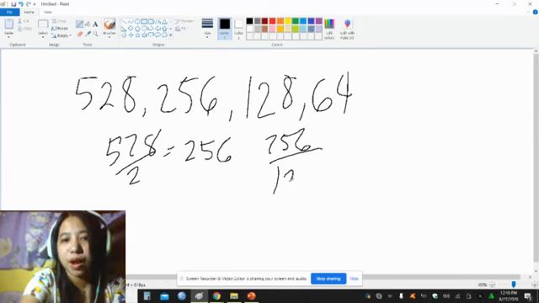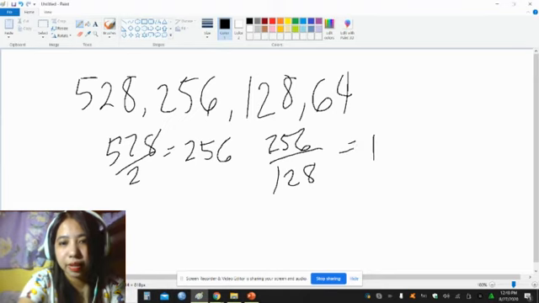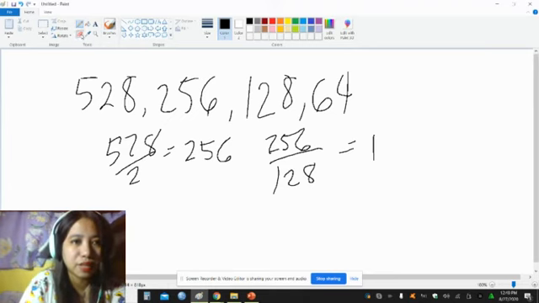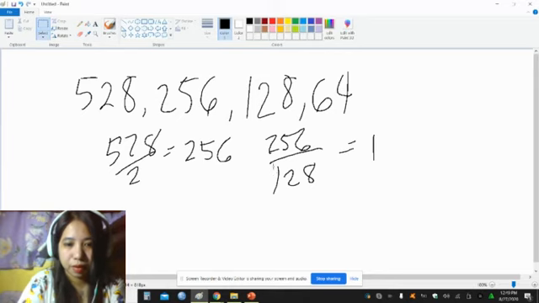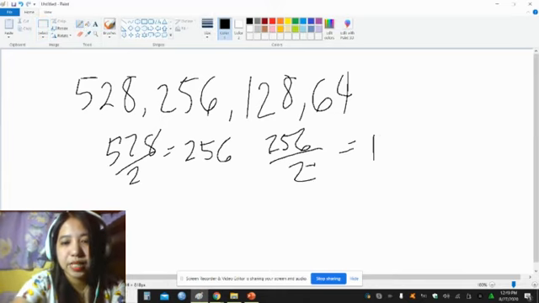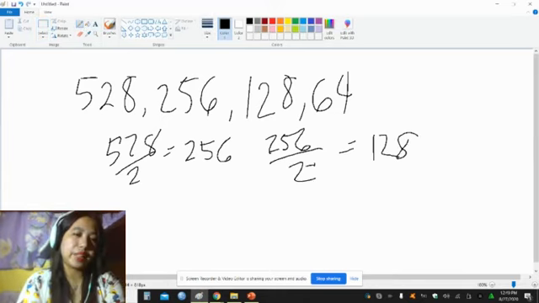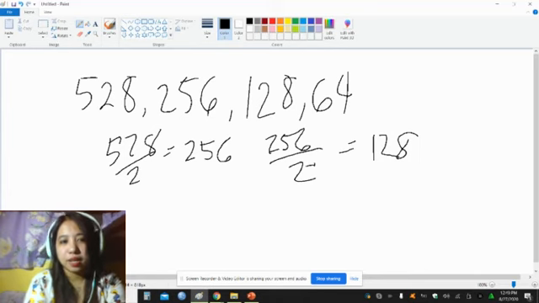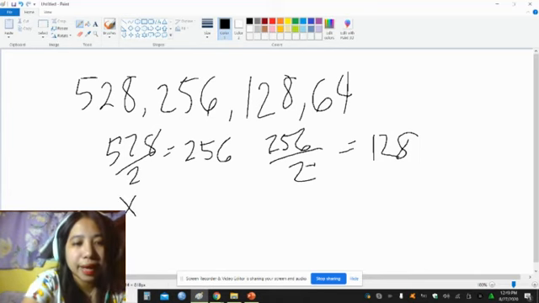256 divided by 2 is equal to 128. Which means it is multiplying by 1 half.